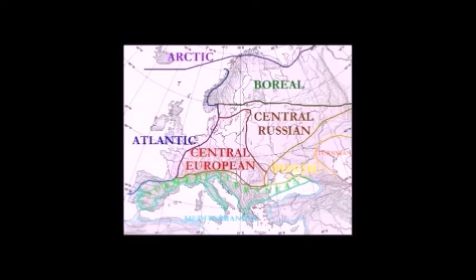But yeah, so after you first had the Celtic expansion, then hundreds of years later you get the Germanic expansion, and then hundreds of years later you get the Slavic expansion, as that Central Russian region basically comes into being.